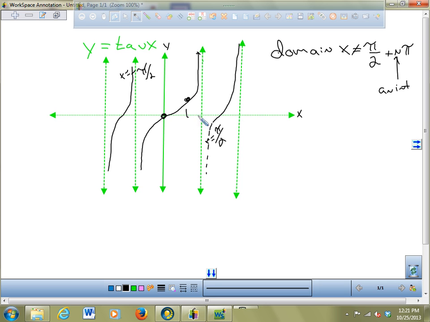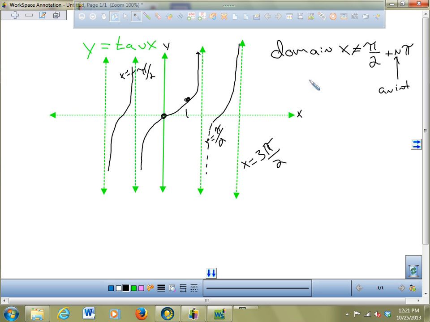If I subtract pi from this, I get my next asymptote, which is at negative pi over 2. I didn't draw it very symmetrical. These should be the same width as these two. So I messed up a little bit. But this asymptote would be at x equals 3 pi over 2. If I add pi to this, I get 3 pi over 2, and if I subtract pi from it, I get this one, which is at negative pi over 2. Follow that? Did I write x equals negative pi over 2?